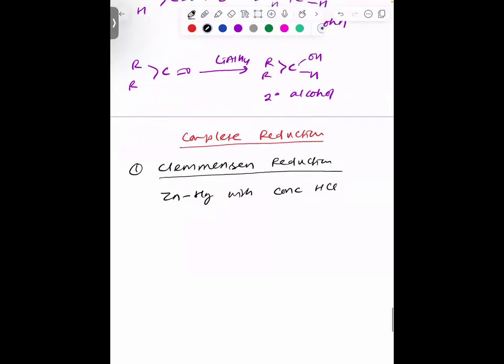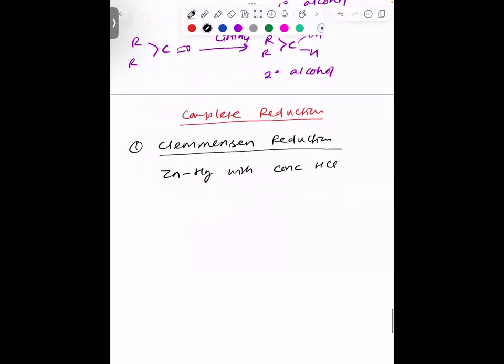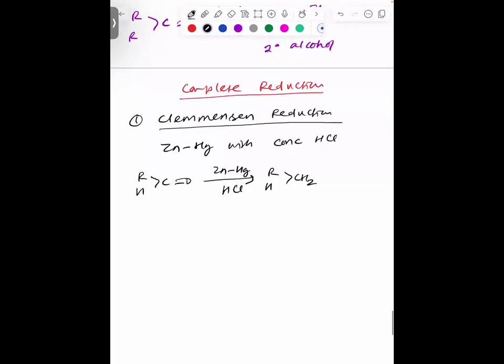So what will be the product? It may be aldehyde or it may be ketone. When those are treated with zinc amalgam and HCl, they are completely reduced to give alkane. Write down.